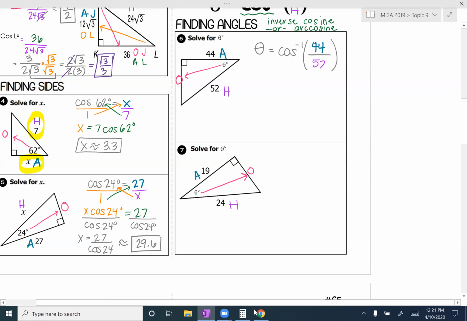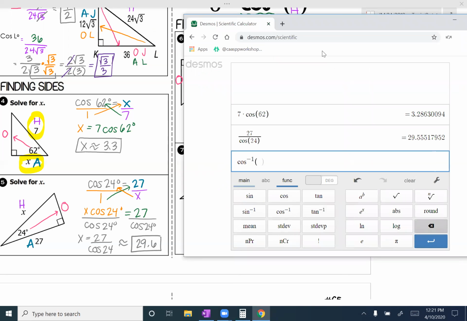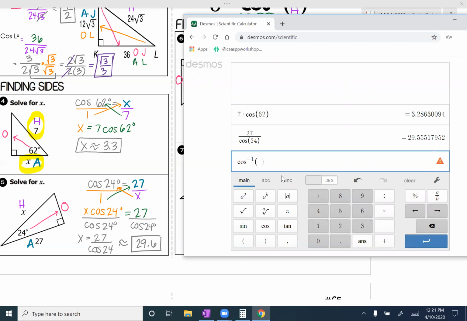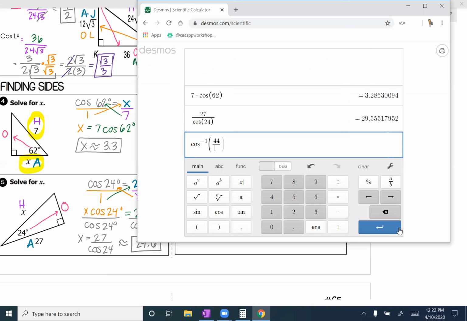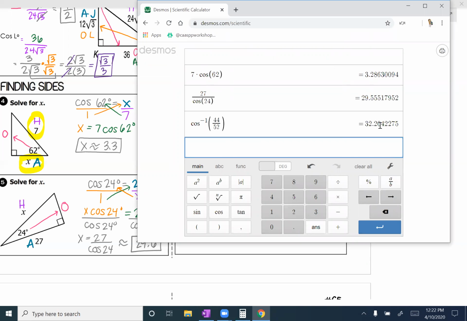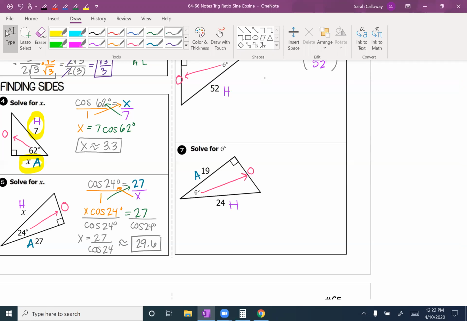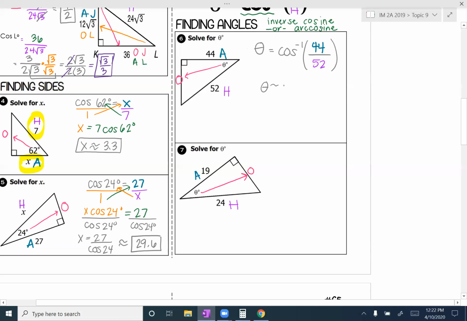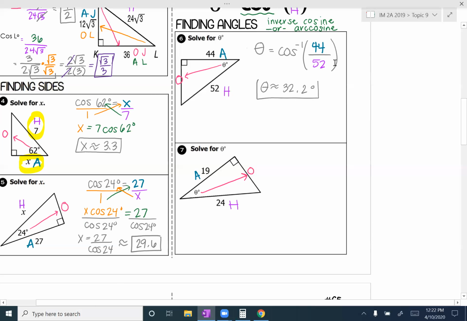So we are typing into our calculators the inverse cosine of 44 divided by 52, which gives us 32.2. So that means that theta is about 32.2 degrees. Sorry, I just want to double check I wrote that correctly.